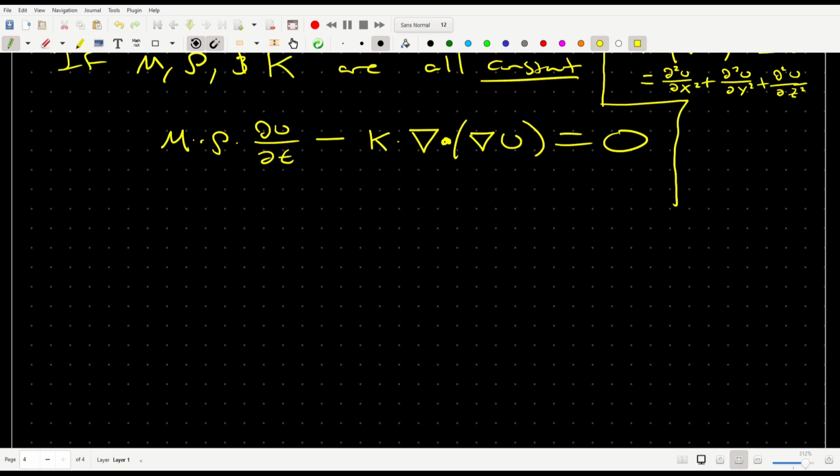And I can also divide by mu and rho to get that du dt minus k over mu times rho times the Laplacian of u has to be equal to 0.